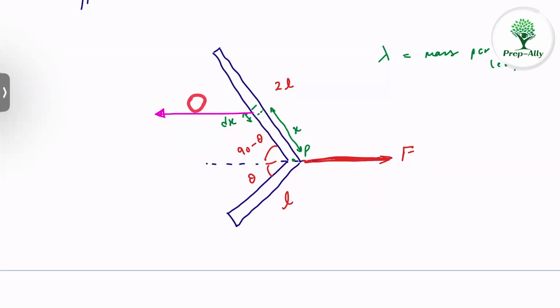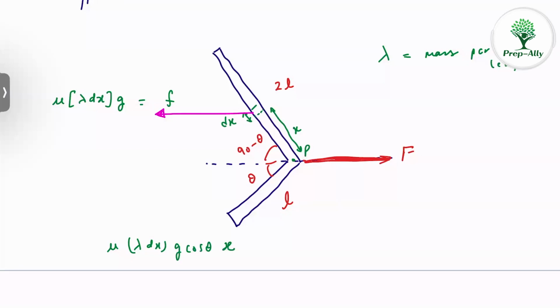This friction force torque will be how much? Sir, this friction is mu into lambda dx into g into cos theta into x. That's the torque. So torque is mu lambda dx into g into cos theta into x.